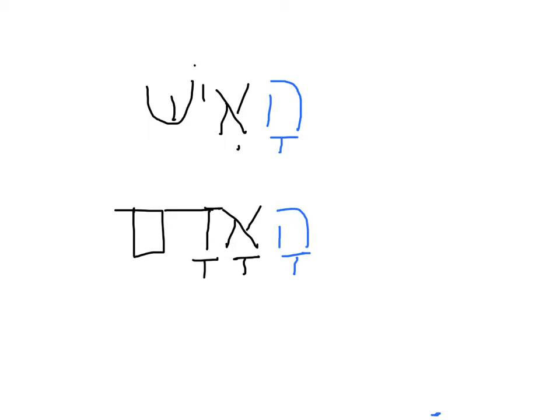So we have ha-adam. Now if we wanted to say to a human, well, then what we would do is we'd start with Adam, to the human, and then we would add our article. Now, the he is going to get displaced by the prefix preposition la Adam.